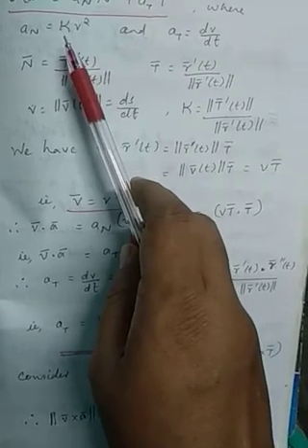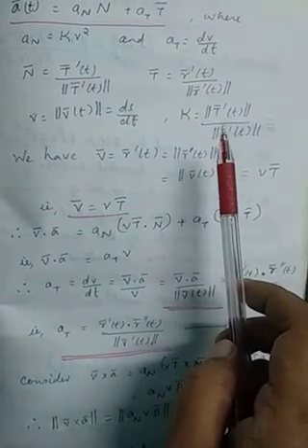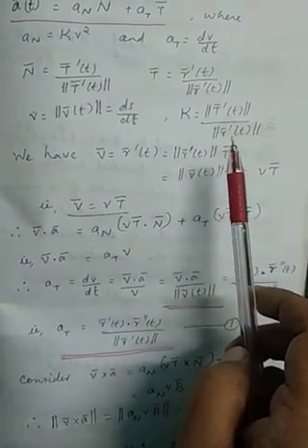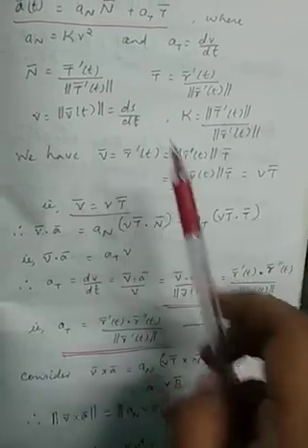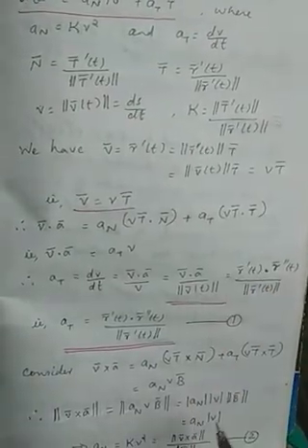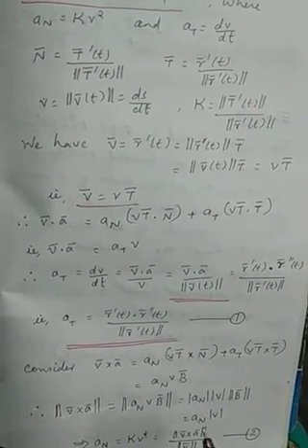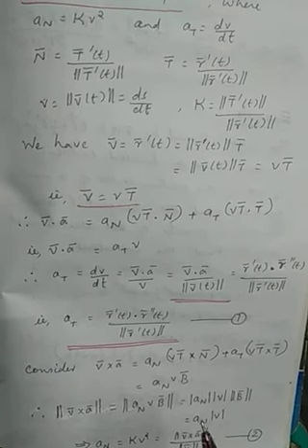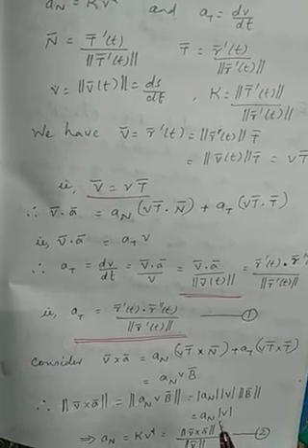And what is kappa? Kappa is defined by norm of t dash of t divided by norm of r dash of t, so this is also greater than 0. So An is positive, so modulus of An can be written as An. So this becomes An into modulus of V.